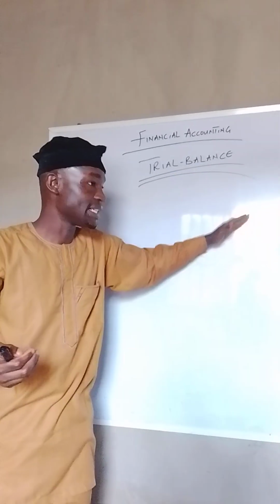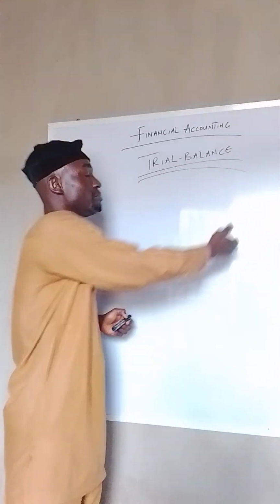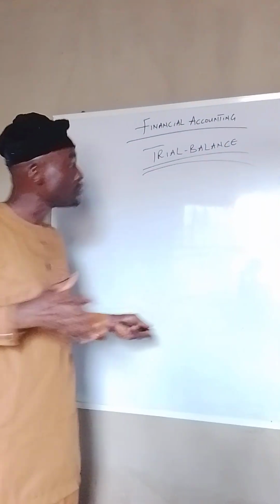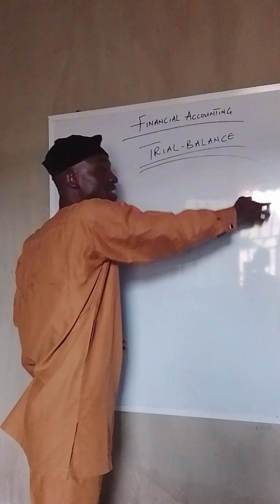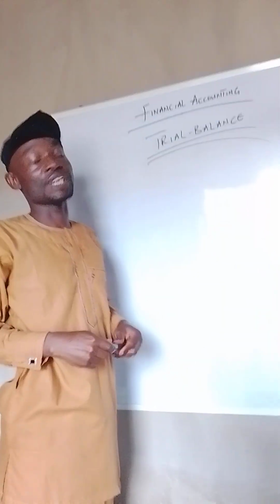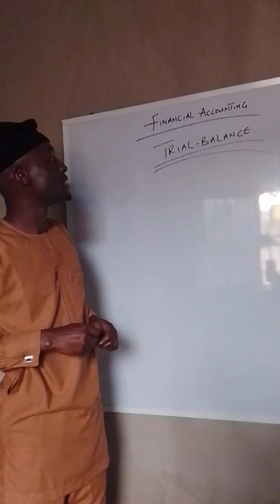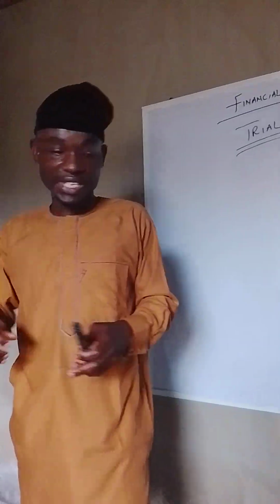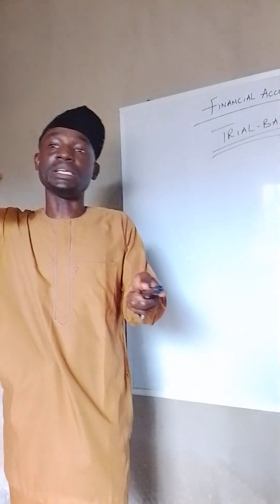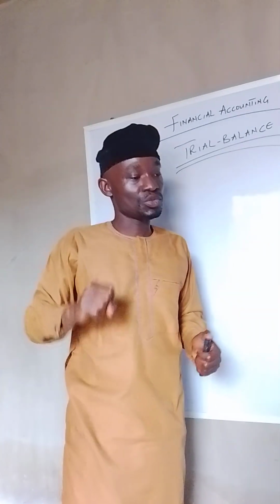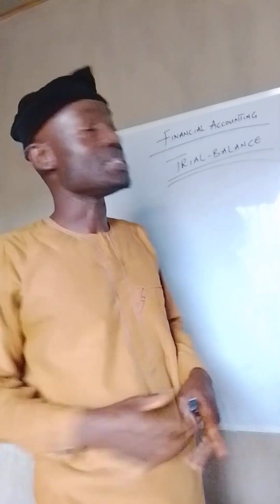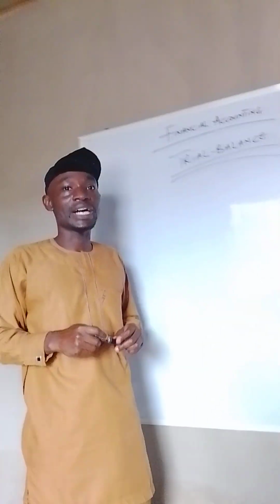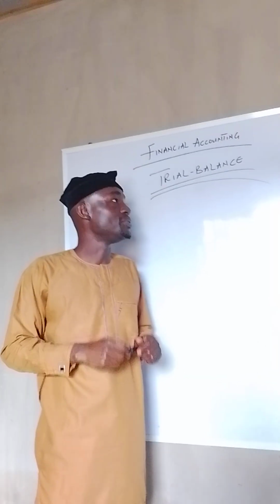When you prepare your ledger and all those balances that you derive from it, you are trying to prove the accuracy of whether it's correct or not. That's why we say that trial balance is a list of balances, whereby we extract the balances from the ledger to prove the arithmetic accuracy of double entry.